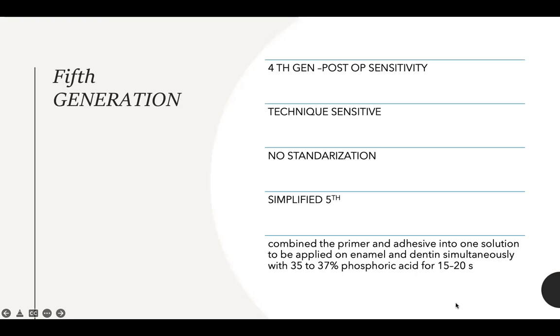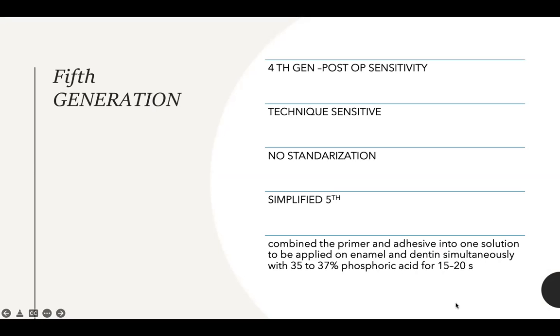But removing the smear layer causes post-operative sensitivity, and it was very technique sensitive because we have three separate steps. Isolation was of paramount importance. There was no standardization, so the manufacturers simplified, and then came the 5th generation.